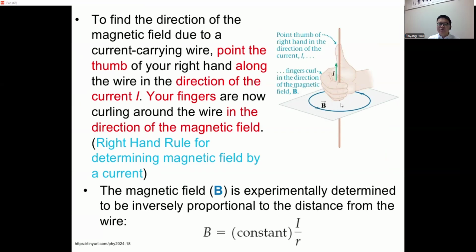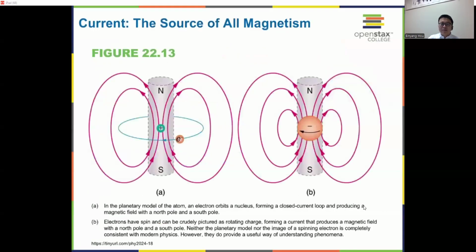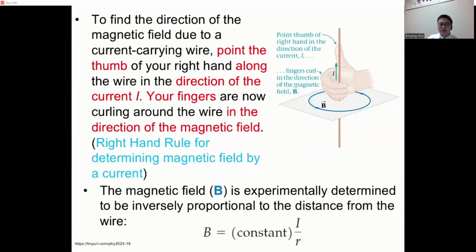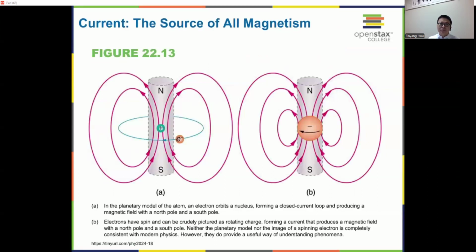If you are further away from the wire, it gets smaller. So the B field is proportional to I and inversely proportional to R, with a constant number. We'll talk about that constant later, not today.